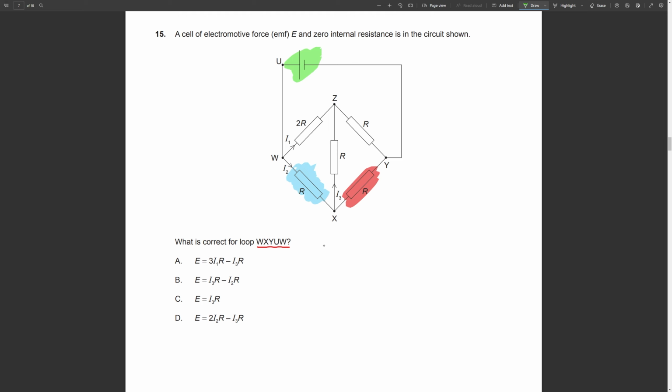The voltage gain of this circuit is the voltage of green, which is the EMF, then followed up by the first voltage drop, which happens at the blue one. And it's between point W and X. Next voltage drop is the red one. It is between X and Y. That's how we have the initial equation created.